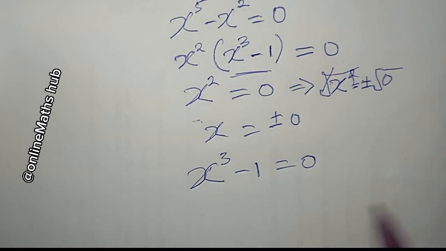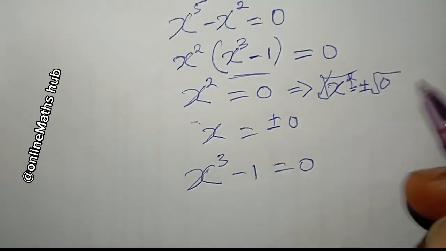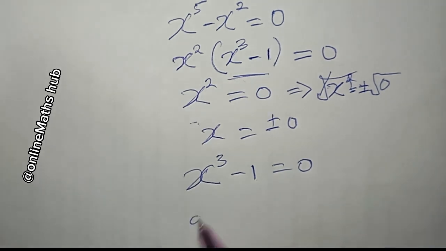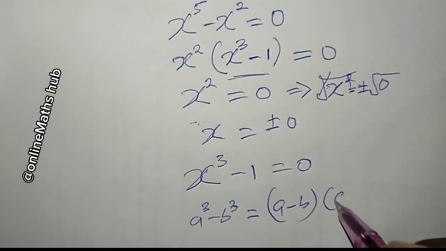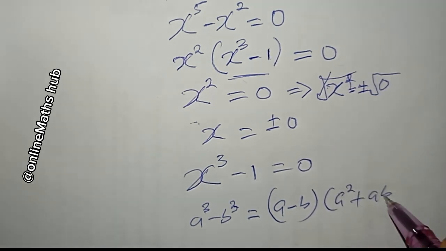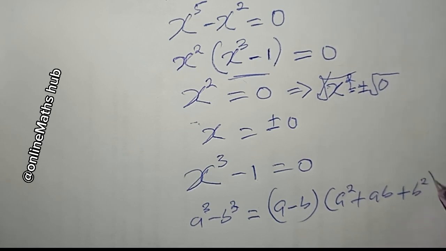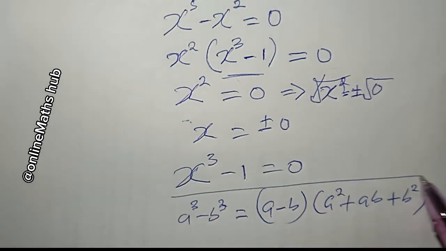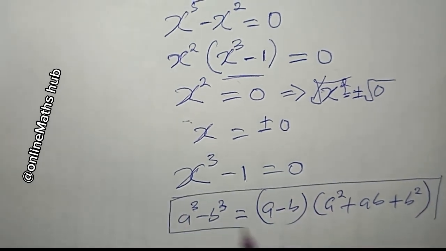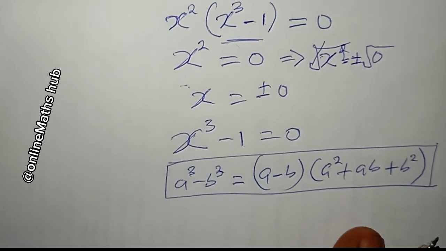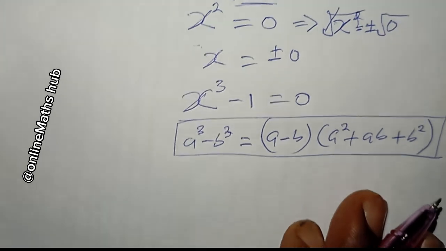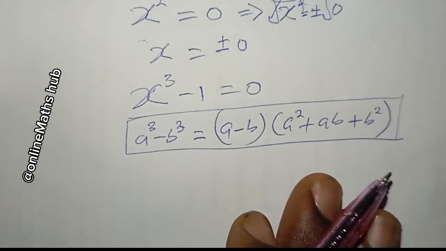Okay, so you can remember that if you have, let's say, a power 3 minus b power 3, this is actually going to give you (a minus b), and then bracket a power 2 plus ab plus b power 2. Okay, so I'm going to use this expansion here to expand what I have over here. In this case my a is actually x, and then my b is 1.